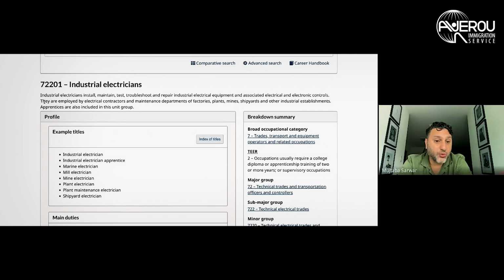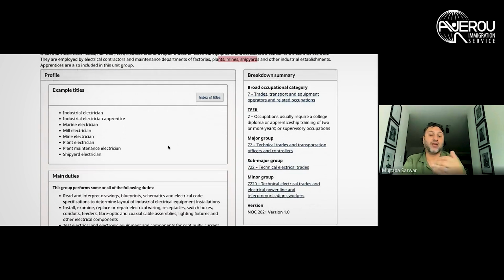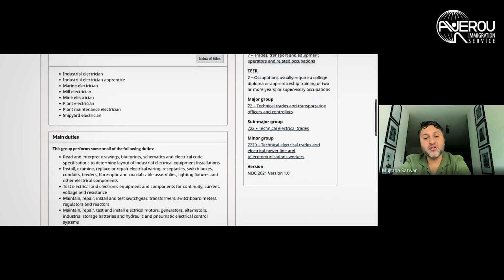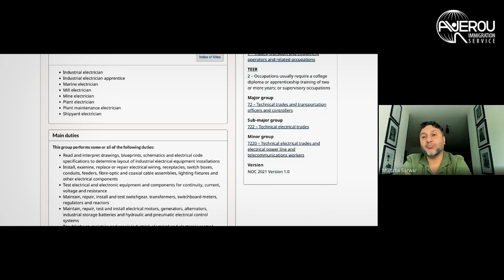Over there, we saw that they were employed by contractors and maintenance departments of homes. Here, look, it says they're employed by electrical contractors and maintenance departments of factories, plants, mines, shipyards, and other industrial establishments. And his experience was working mostly at plants.